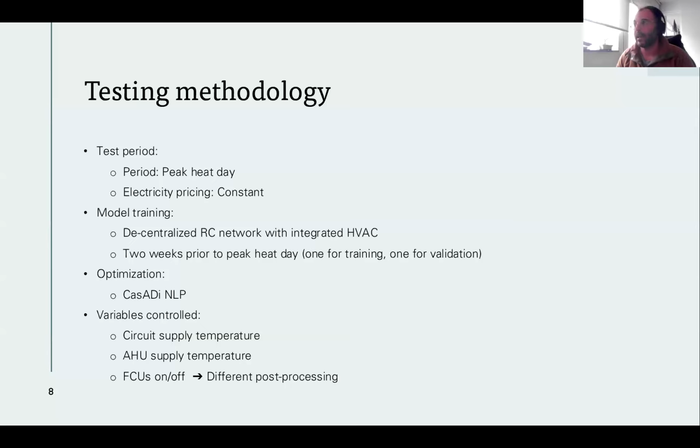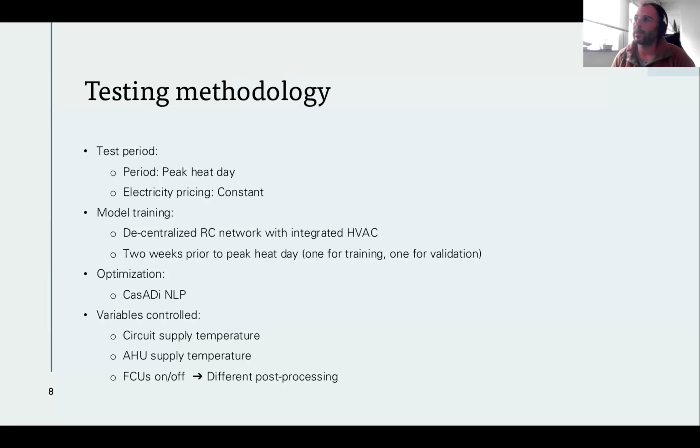So in that sense, we tried 2 models, one that includes the PI in the model and can compute the set point directly, another that controls the valve opening. And then we have to post-process that valve opening into a set point here. So we chose 2 kinds of post-processing.